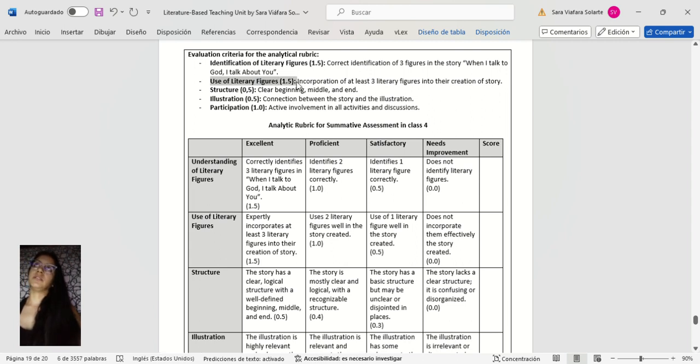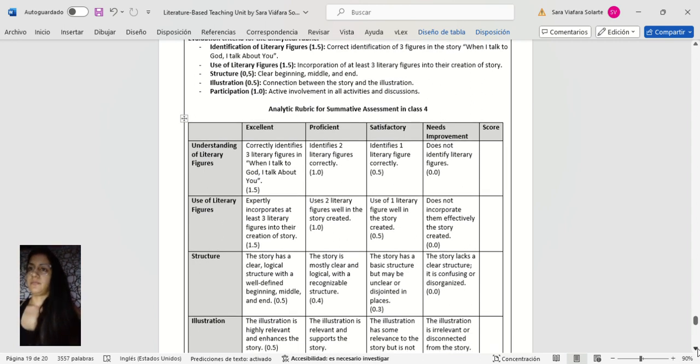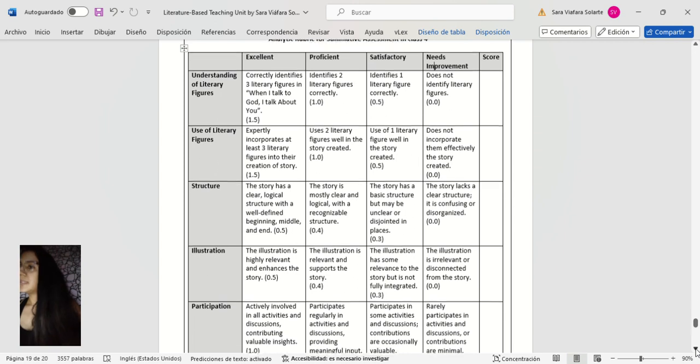This is when the students create the story with a beginning, middle, and end, incorporating literary figures, and the structure, the illustration, and participation. But again, this is taking into account all the process of the students in the previous classes. So this is the rubric.